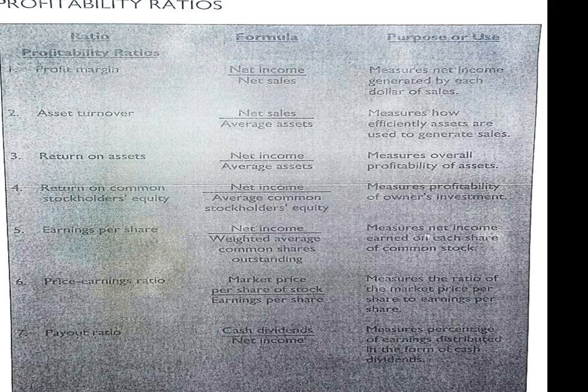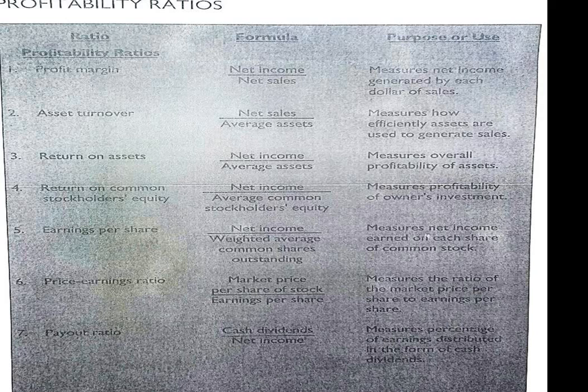It gives us a way to make an alternative investment decision, or to continue in this company. This one measures the ratio of the market price per share to earnings per share.